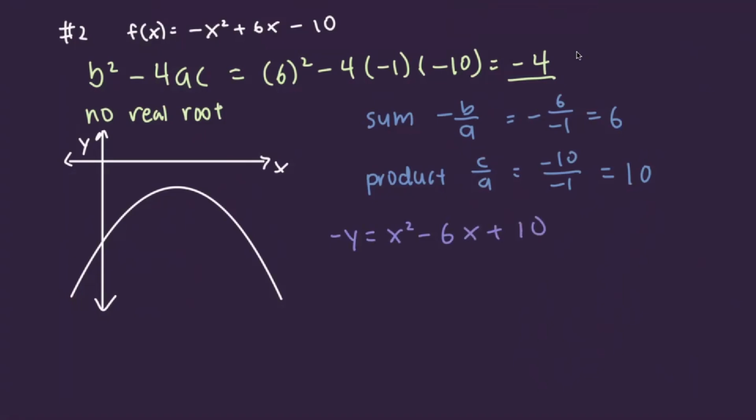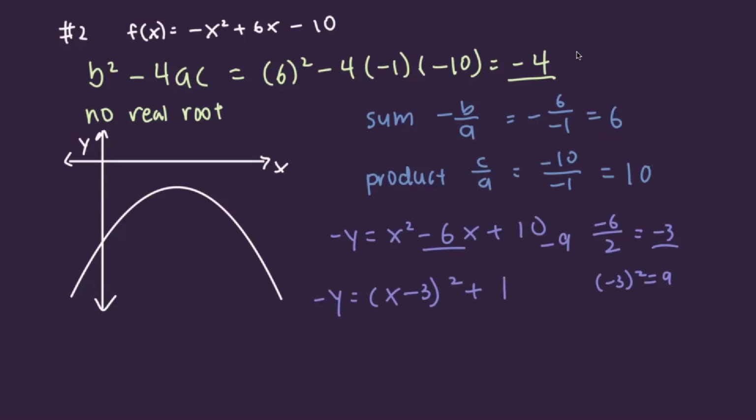Now divide our b value, which is negative 6, by 2, and we will get negative 3. And the square of that is 9. So our negative y is equal to (x - 3) squared. Now we need to remember that we need to subtract 9 from our constant. So that will be plus 1.